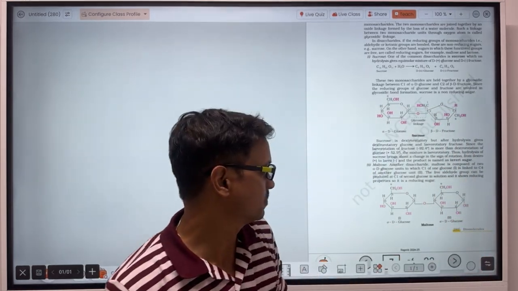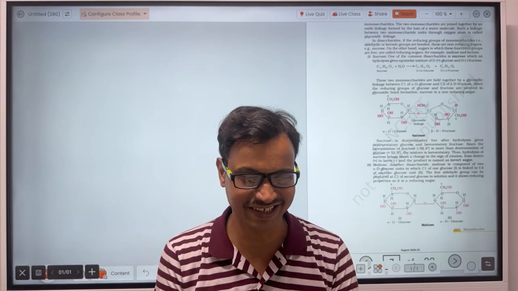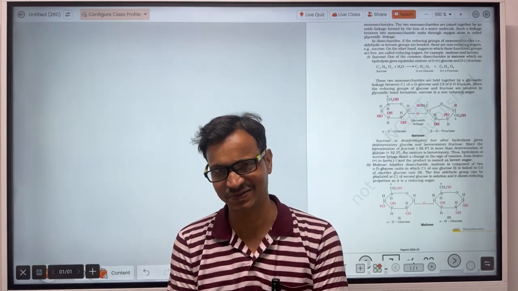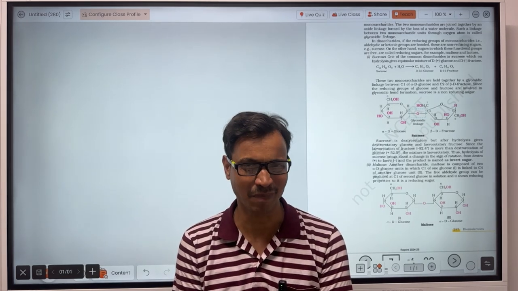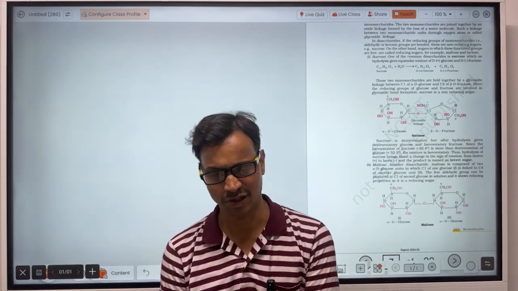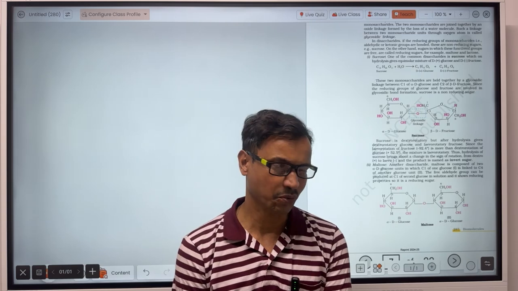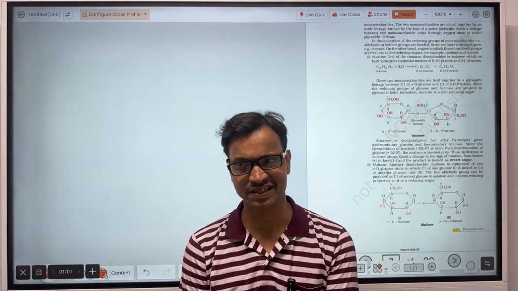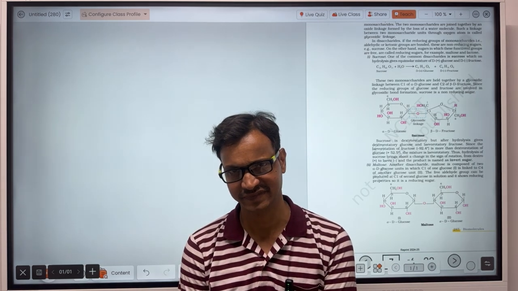And what is maltose? It is obtained from barley, which is called malt. In Latin, barley is called malt, and that's why the sugar found in malt is called maltose. It is a disaccharide of alpha-D glucose, and in maltose, the alpha-D glucose units are bonded with each other through 1,4-glycosidic bonding.